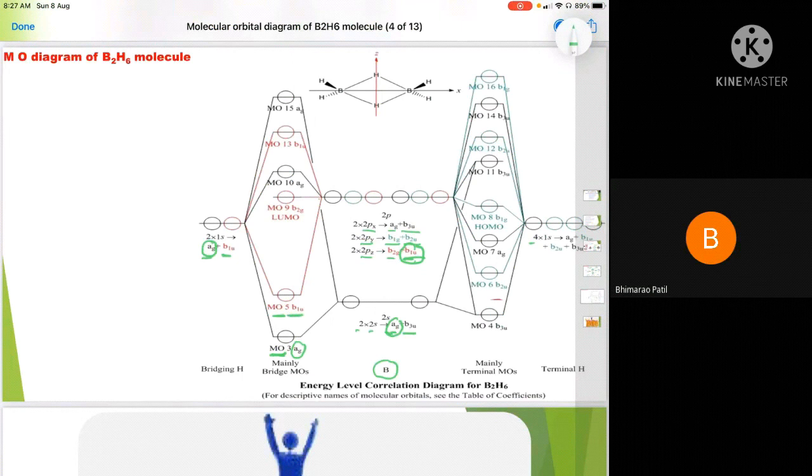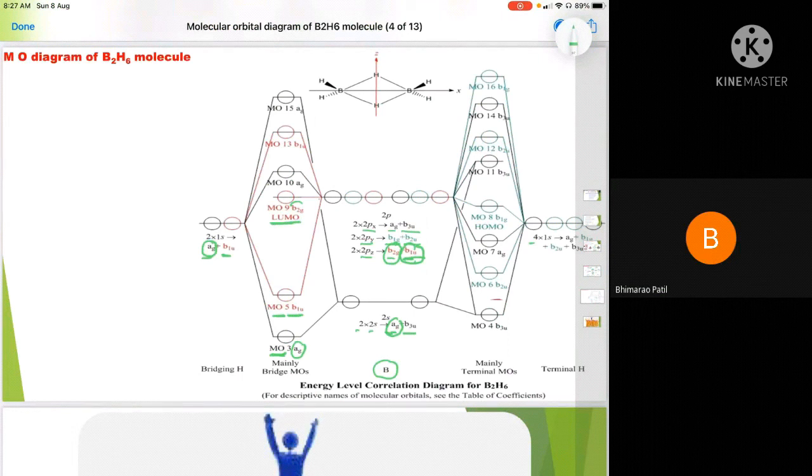And you see here B2g. Where is B2g? Here is not B2g. This B2g is present as molecular orbital number 9, that is B2g. It is the lowest unoccupied molecular orbital because it is non-bonding.